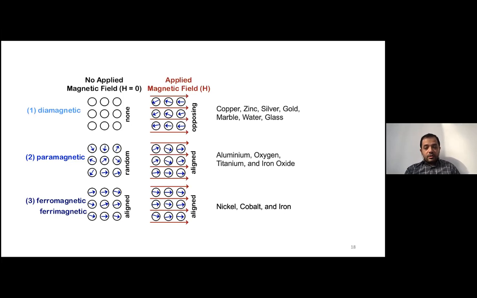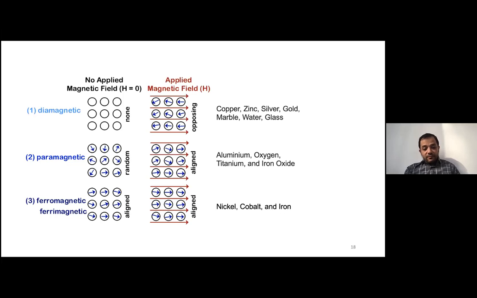And even if we remove the magnet, the nail remains magnetic. So iron, cobalt, nickel are ferromagnetic, and these are in this category. Basically, "fer" in French means iron, and so ferromagnetic relates to iron.